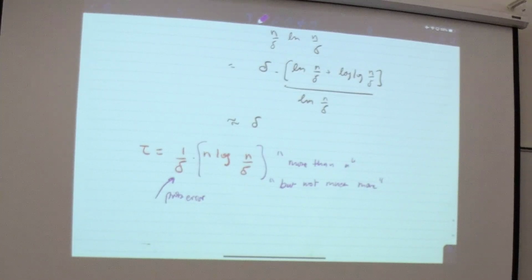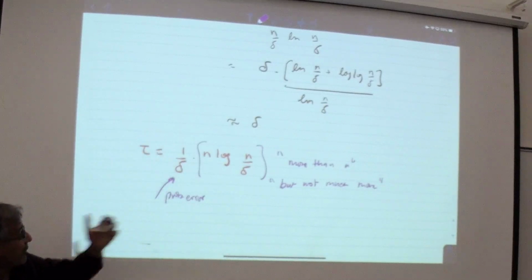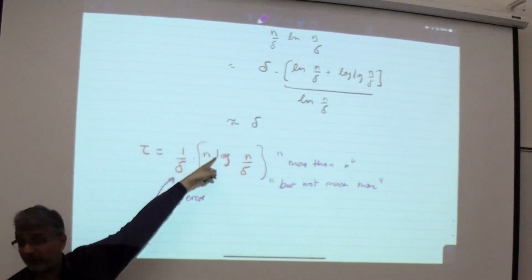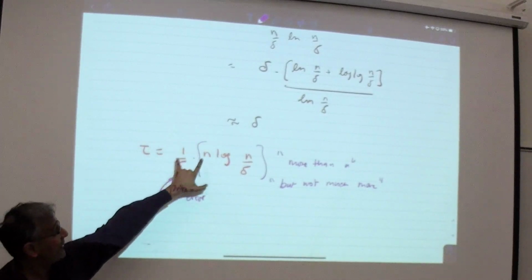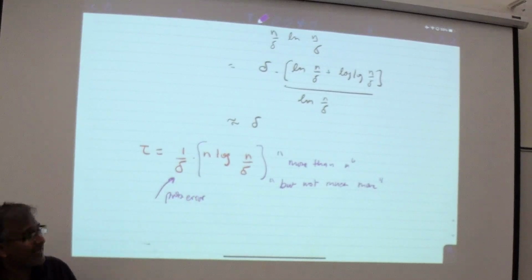This reflects competing interests. We want the probability of error to be very small, which makes this big. We want to make sure it's more than n, so that this cancels out the n on top, right? So you need these two terms here.